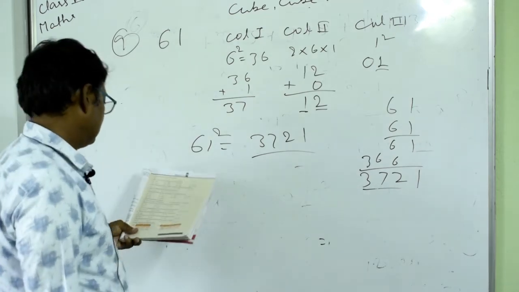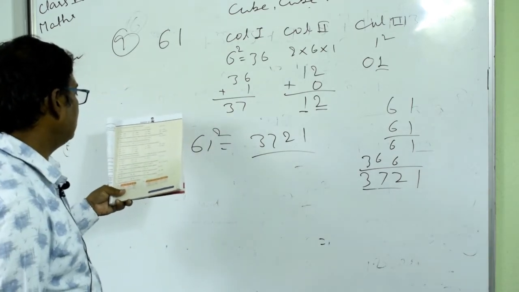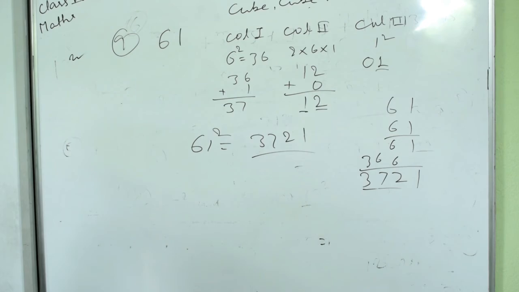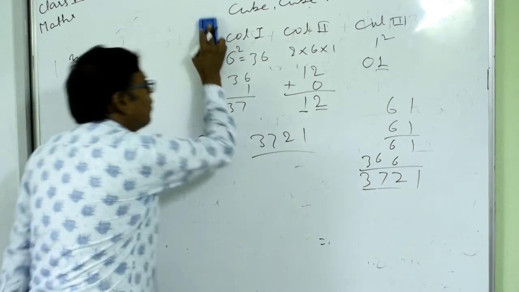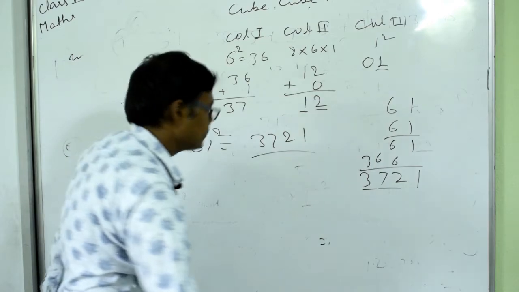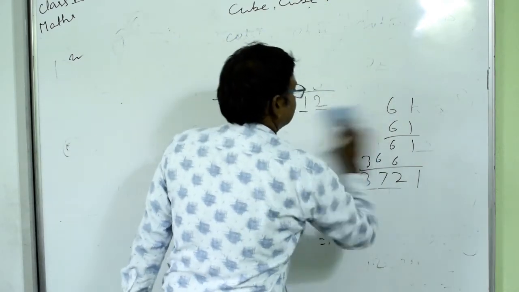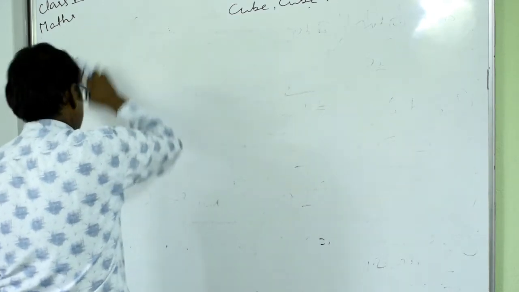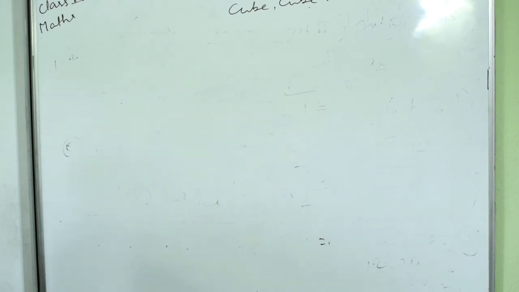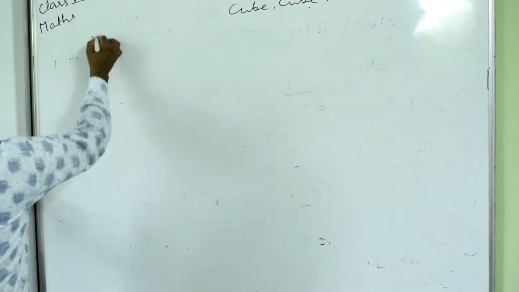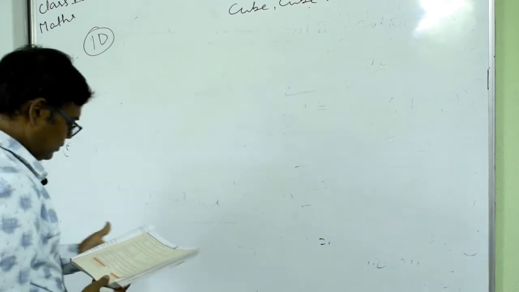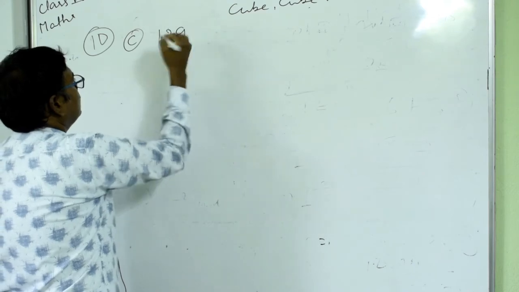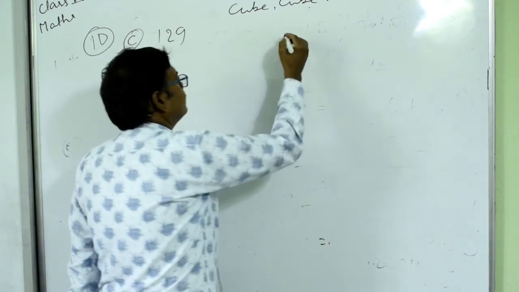Okay, so now question number 10 is, find the square of the given number by using the diagonal method. So I will take the number 129, and find the square of this number by using the diagonal method.